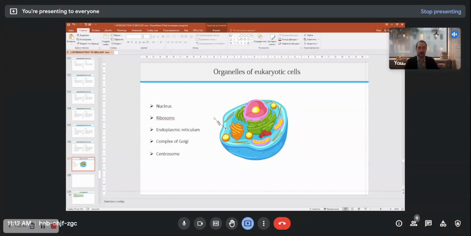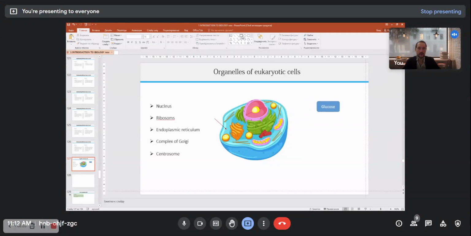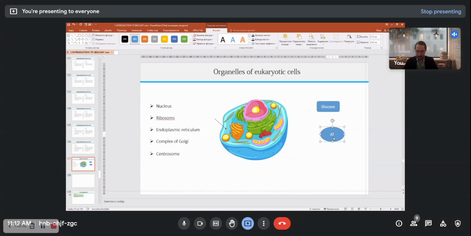In order to supply different types of cell activity, energy should be transformed from the form of glucose into the form of adenosine triphosphate.